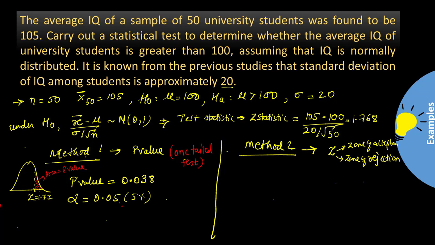Because by default we assume that the confidence level against which we are testing our hypothesis is 95%, that is 0.95. We can easily see that p value is less than alpha, and we have seen in our previous slides that if p value is less than alpha, then we are going to reject the null hypothesis.